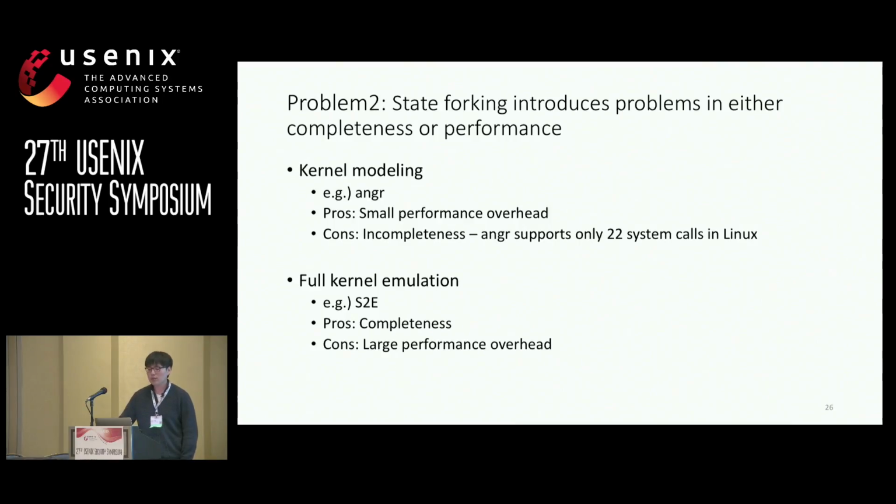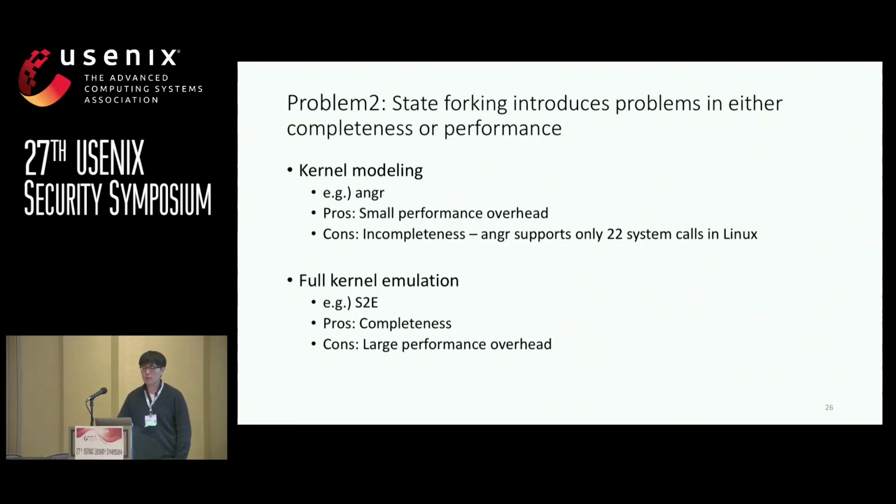So to handle those, there are two main ways to handle this state forking in kernel, but they have problems in either completeness or performance. For example, kernel modeling, which is used by Angr, models the kernel functions. It provides small performance overhead, but it causes incompleteness.